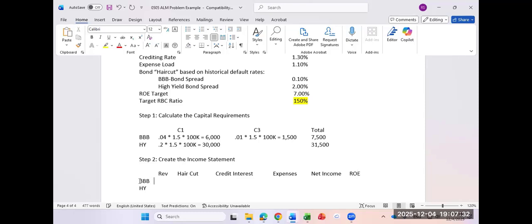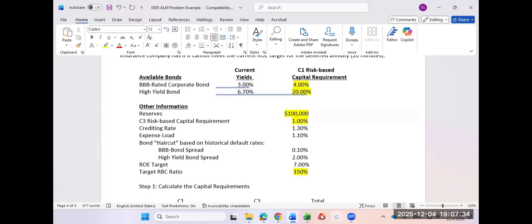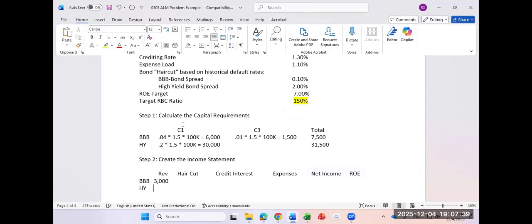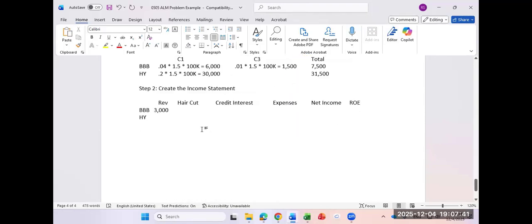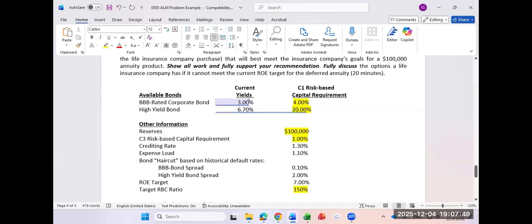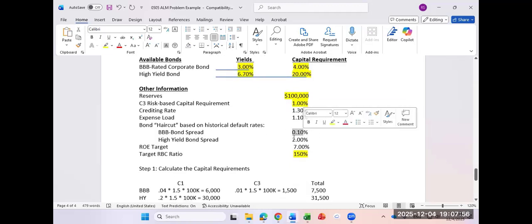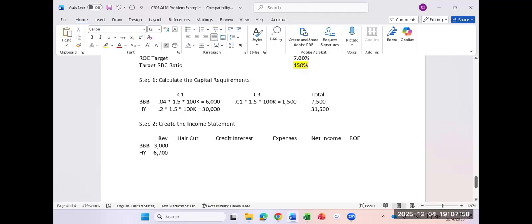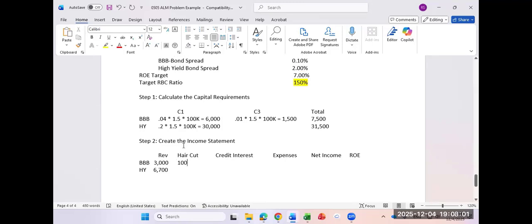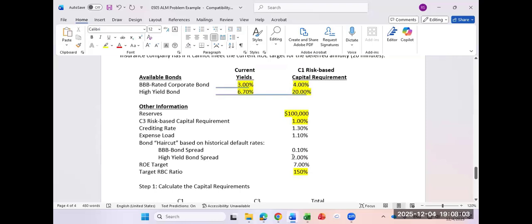Your revenue, you take your $100,000 times 3%, so that's going to be $3,000. High yield, you're going to take your 100,000 times 6.7%, so that's going to be 6,700. Your haircut, so we've used that. Your haircut is 0.1% and 2%, so 0.1% it's going to be 100. And 2% will be 2,000.